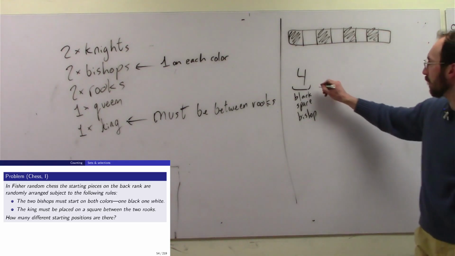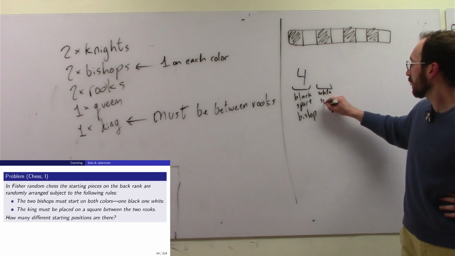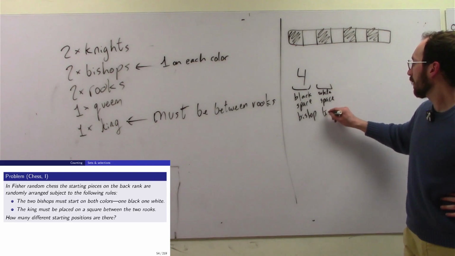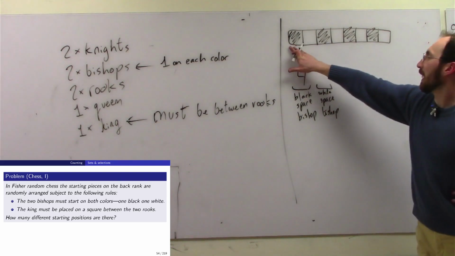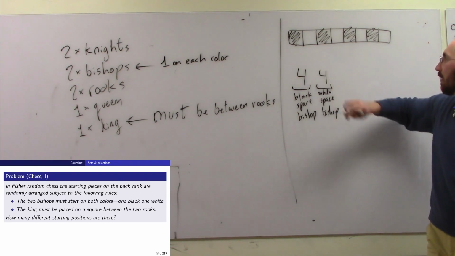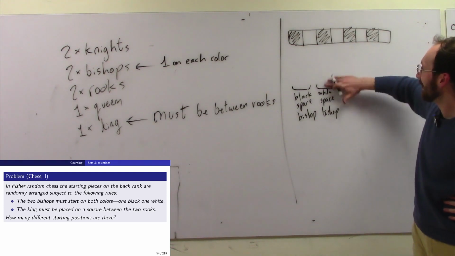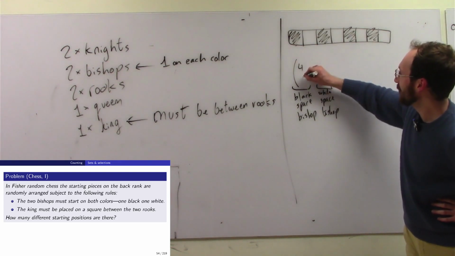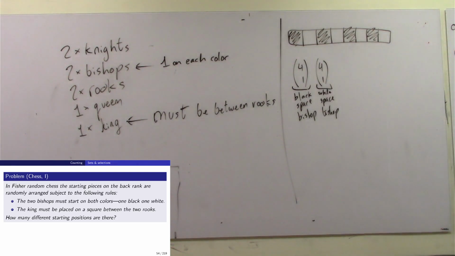Similarly, with our white space bishop, it doesn't matter where our other bishop was. There are 4 choose one ways.